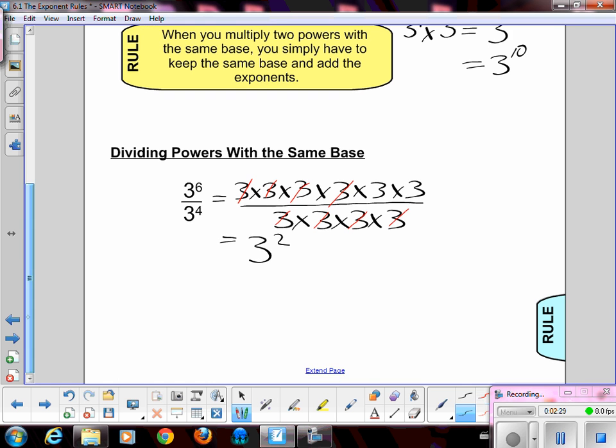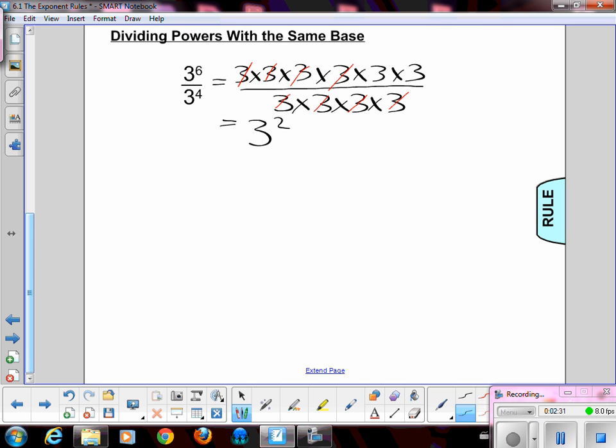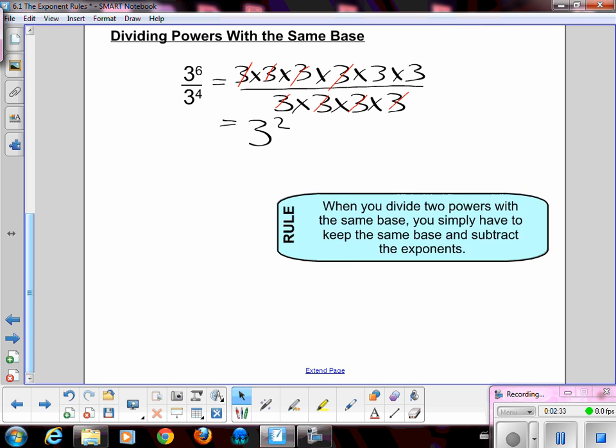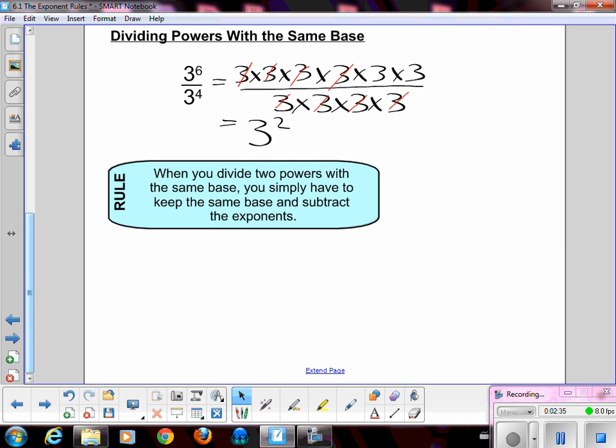So the rule is, when you divide two powers with the same base, and again, remember, it has to have the same base, you simply keep the same base, in this case 3, and subtract the exponents. So if I did 3 to the 6th over 3 to the 4th, I'm keeping the same base, which is 3, and I'm doing 6 minus 4, which we know is 2.